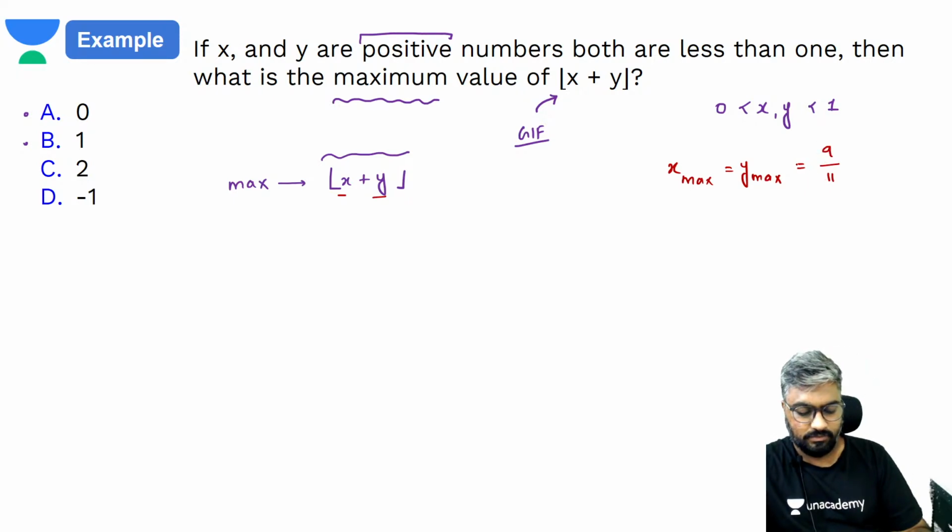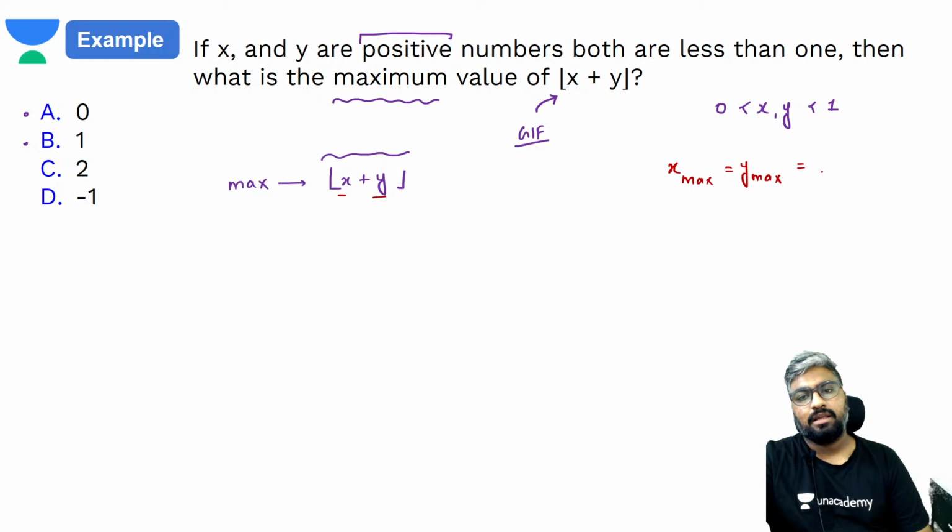Still no. 10 by 11, agreed? Not even 10 by 11. 1 by 3 is 0.333, so this has to be 3 by 3. It comes up to 1 only.